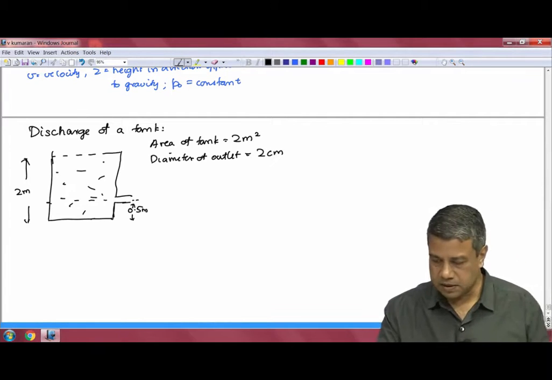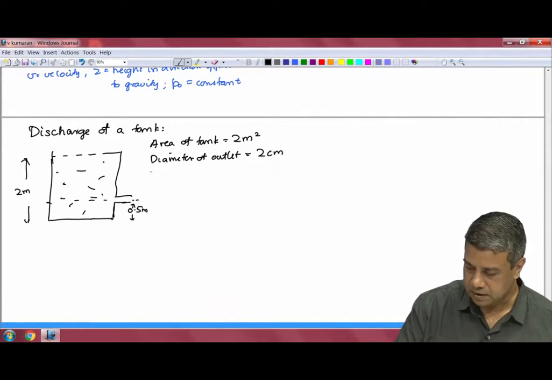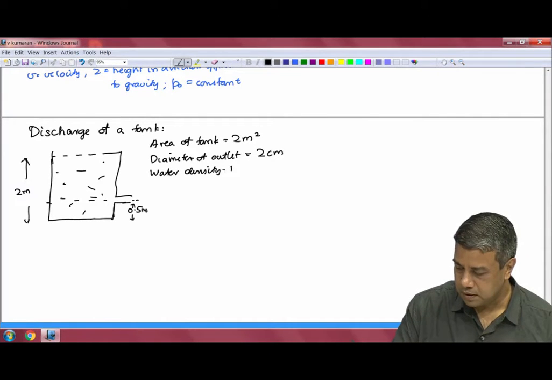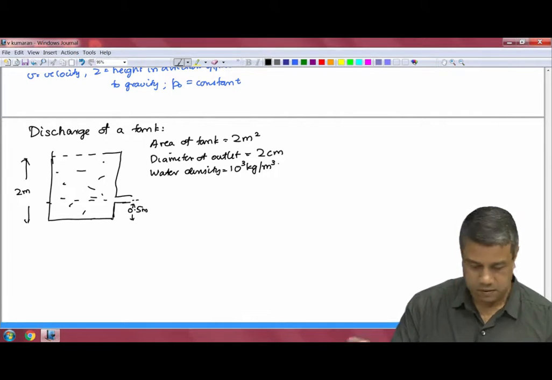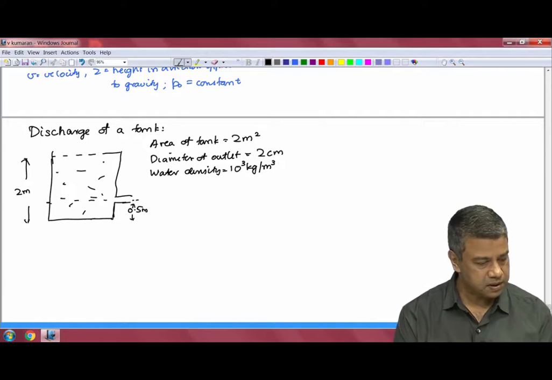And let us assume that this is filled with water of density 10 power 3 kg per meter cubed.